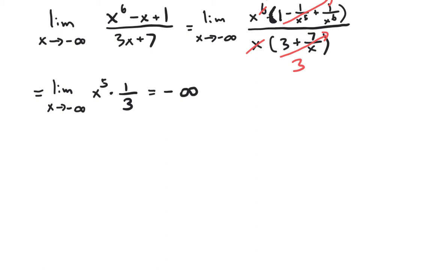If instead we had the problem, the limit as x approaches negative infinity of x squared, well, here we have x approaching negative infinity, but a negative times a negative gives us a positive since we're taking x and multiplying it by itself twice.